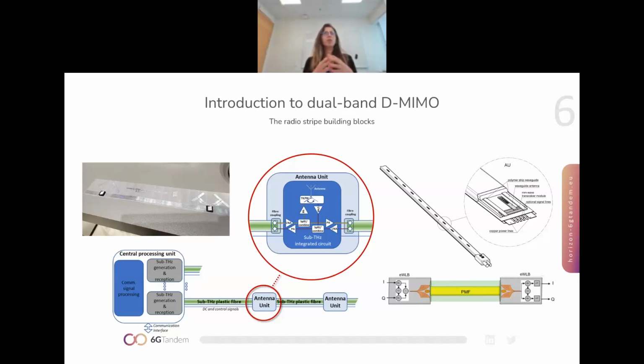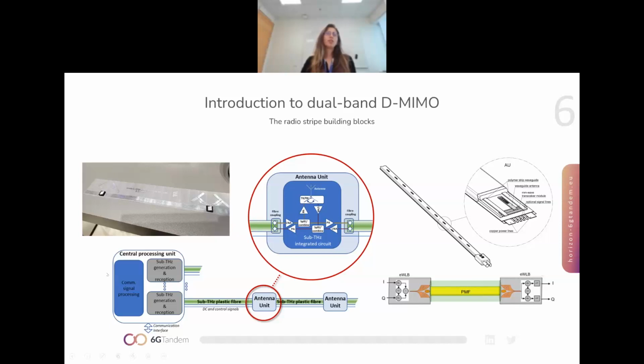It's just a mock-up of a vision that we have in Ericsson, that we hope to be able to have a very light, thin stripe that you have the antenna units, and then you have this daisy chain connection of these low power units.